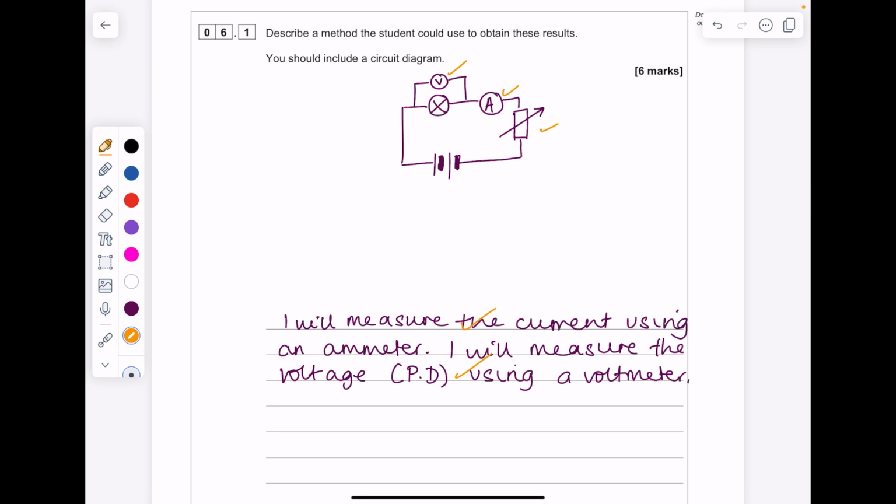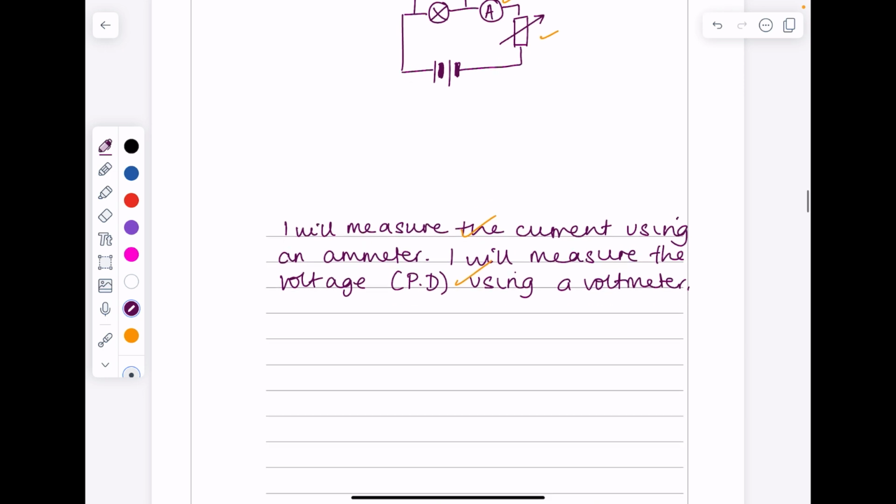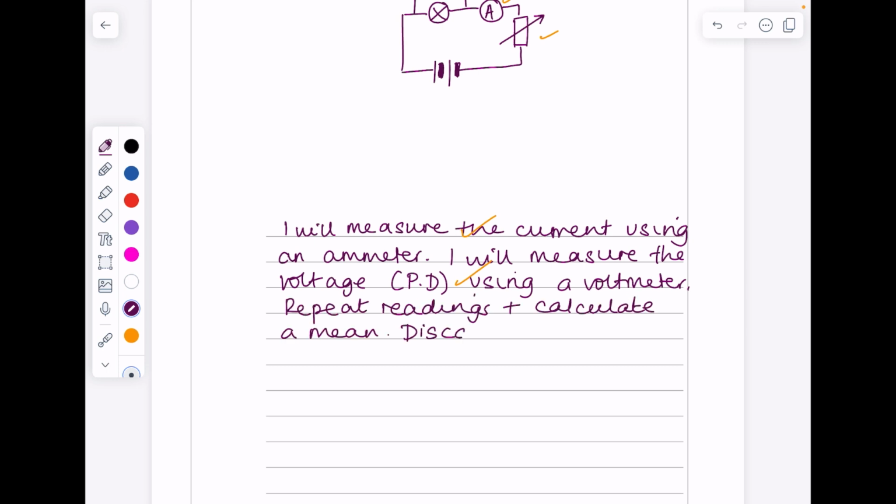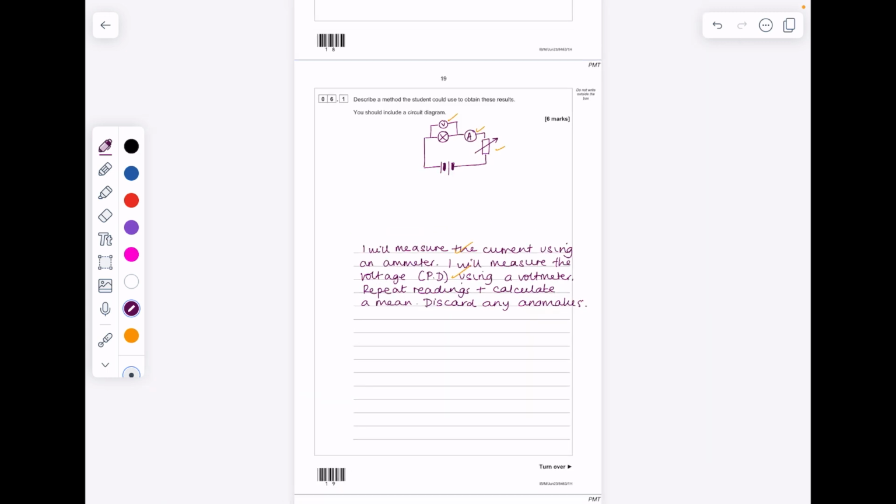I'm just going to mention for my 6th mark that I'm going to repeat, calculate an average, and discard any anomalies I identify. So despite the fact that I've been given lots of space there, that's how I'm going to get my 6 marks, by drawing my circuit diagram nice and accurately.